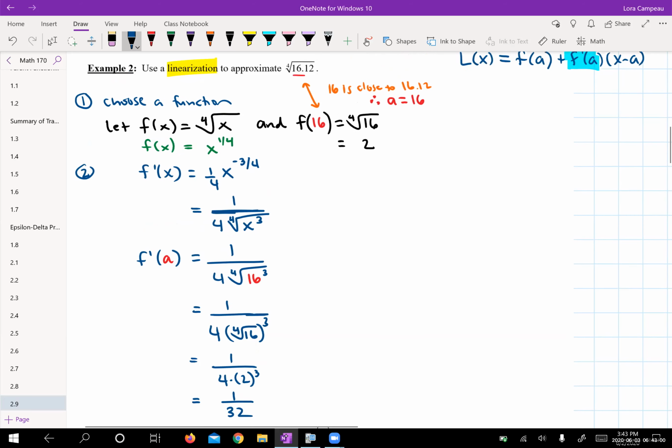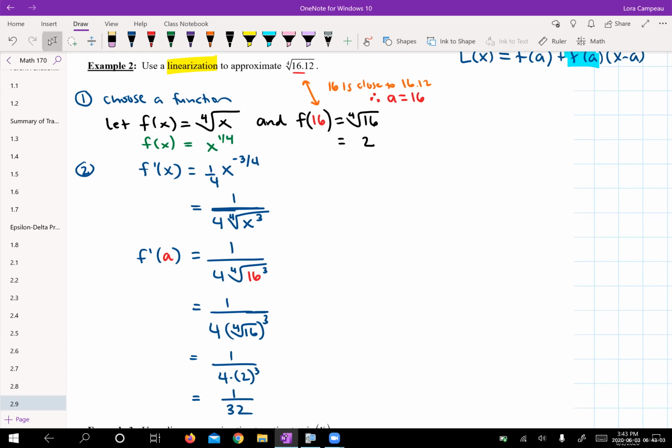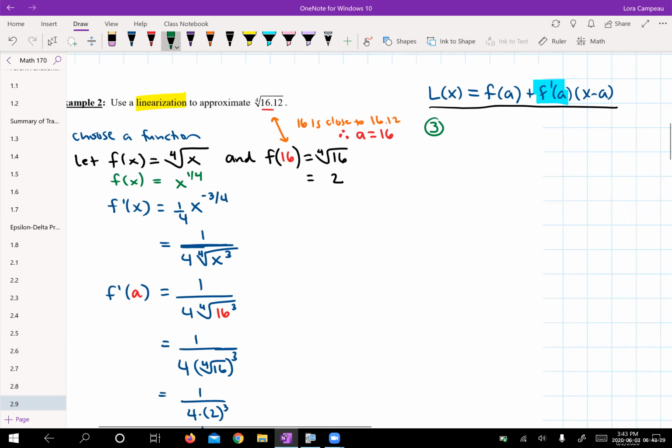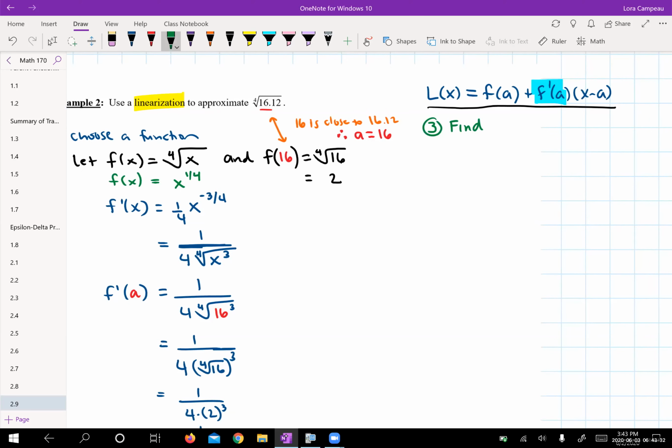So let's see if we can now bring it back to this linearization formula. When I look at this linearization formula, I want to plug in all the components, and I have to make sure I don't confuse my a's and my x's. That tends to be a little bit rough for some of us. So let's give you a third step. We're finding the linearization at a equals 16.